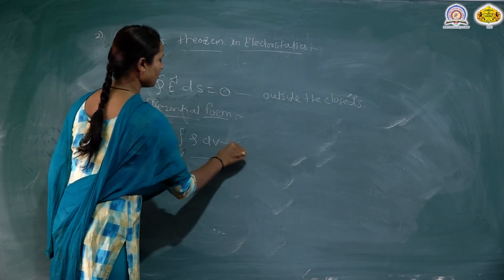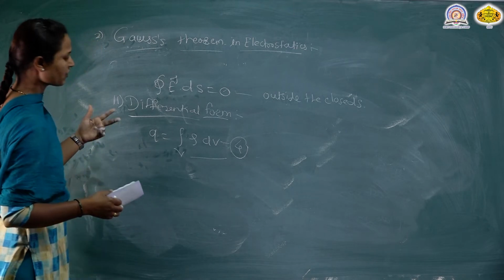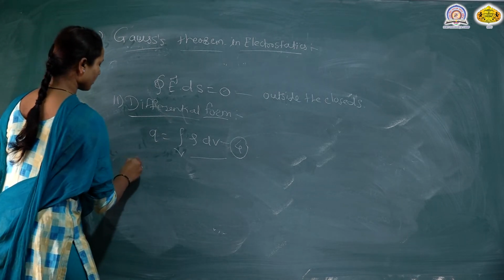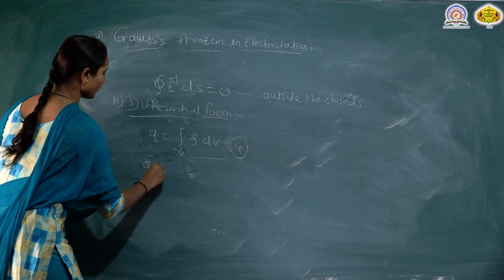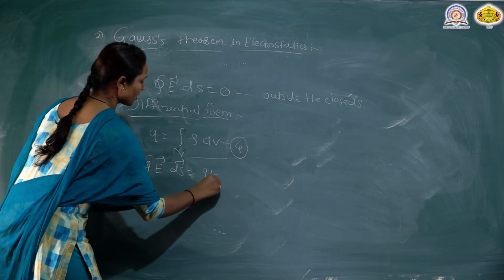Put this equation in the above equation, the equation number 3, which is the closed integral of E vector dot ds vector equals q upon epsilon naught.